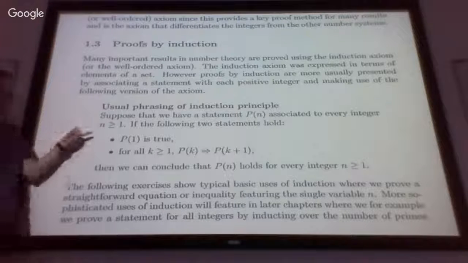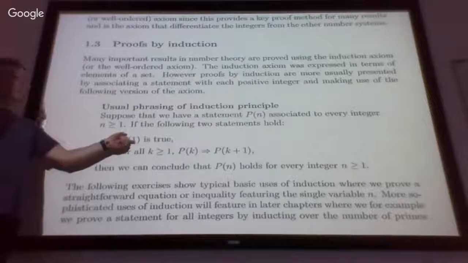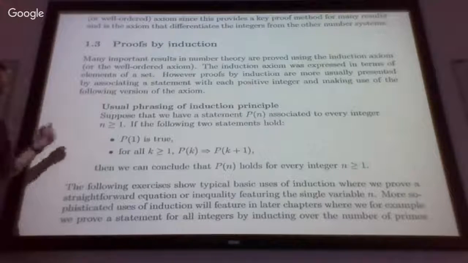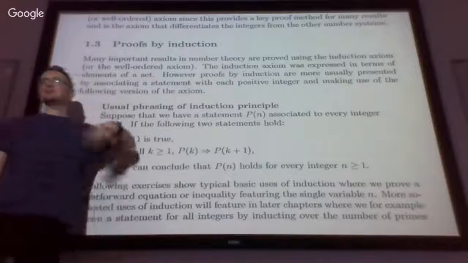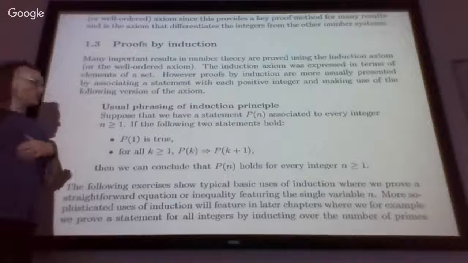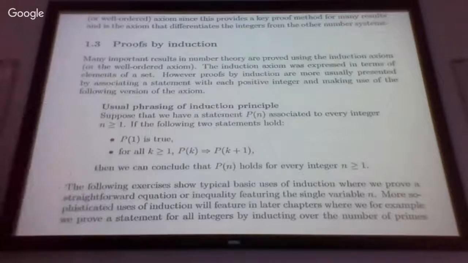We firstly prove somehow that the beginning statement is true, typically that P of 1 is true. And we then prove what's called the inductive step, or the induction implication. We prove that it's always true that P of k implies P of k plus 1.